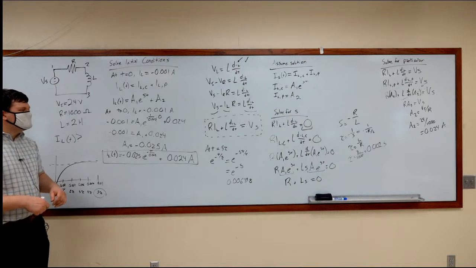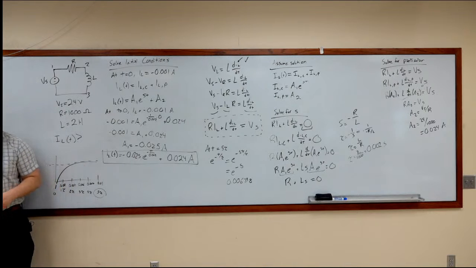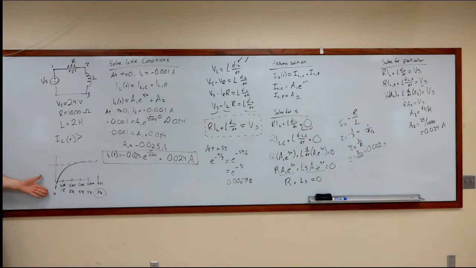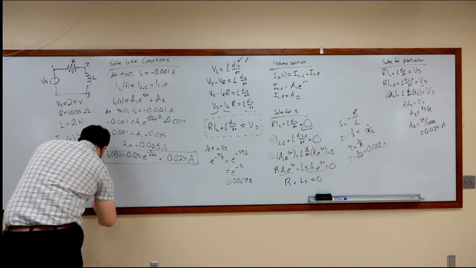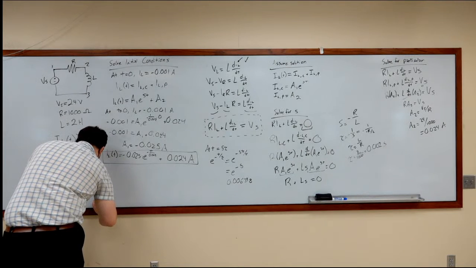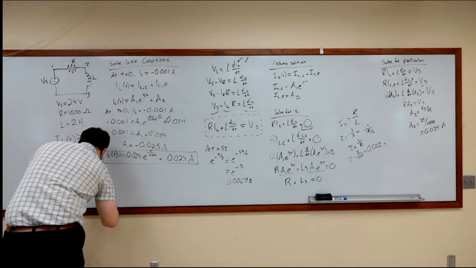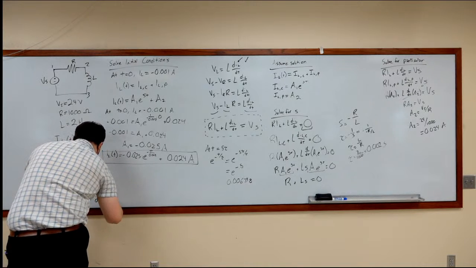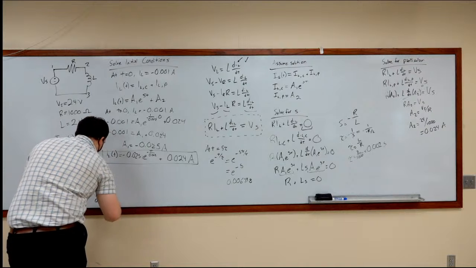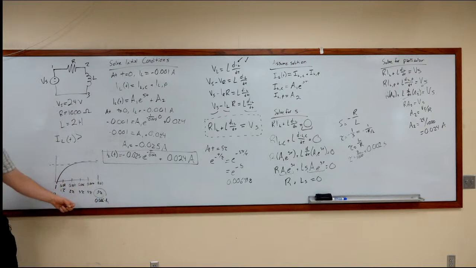So that is the significance of S. The whole reason why we have S is because when we go to plot this, this represents e to the negative 5, which is 0.006 times whatever A1 is. Okay? e to the negative 1.